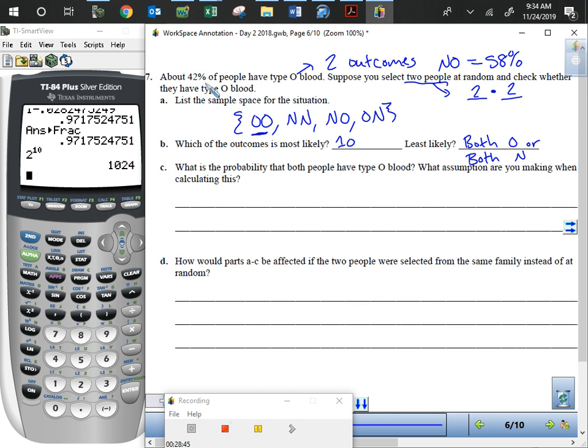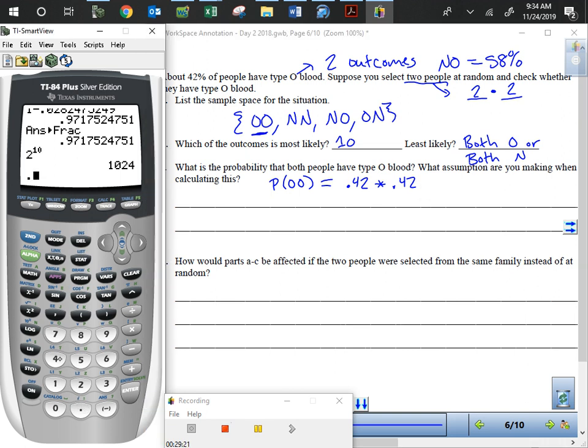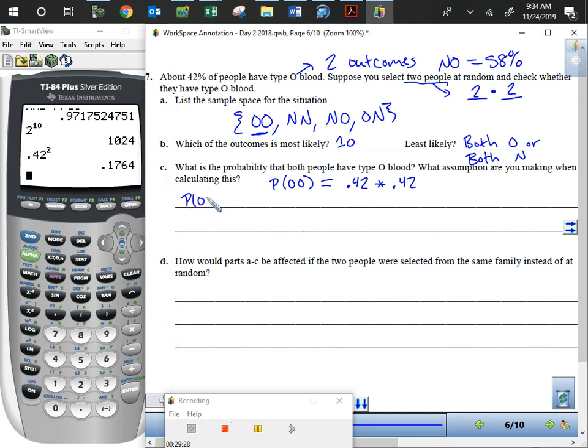So the probability of O is 0.42, and the second one has to have that as well, 0.42. If we take that and square it, we've got the probability of both having type O as 0.1764.